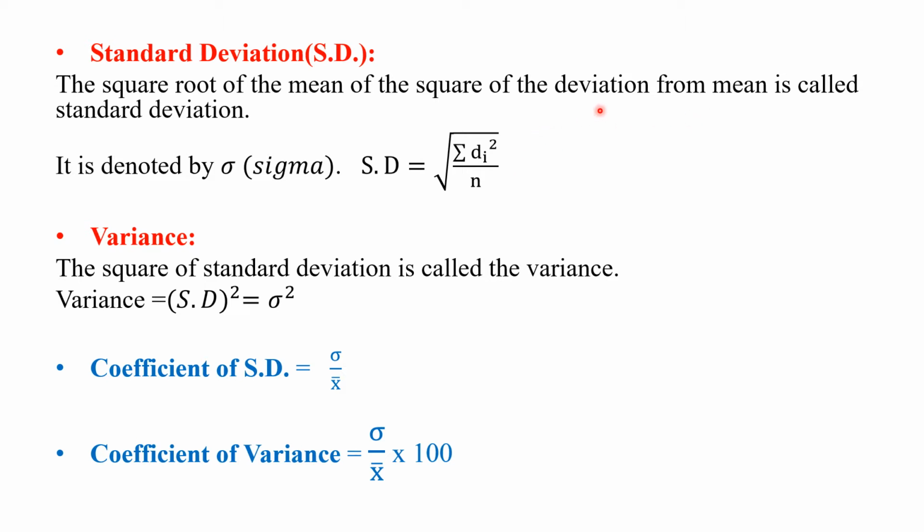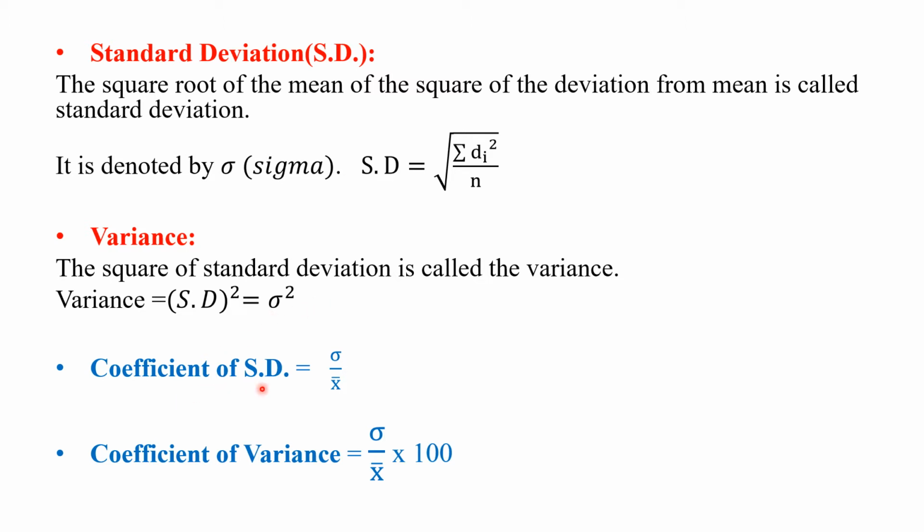Square of deviation from mean means di square. Di is the deviation from mean, which is given by the formula modulus of xi minus x bar. Standard deviation is denoted by sigma, and it is equal to square root of summation di square upon n, and variance is square of the standard deviation, that is sigma square.